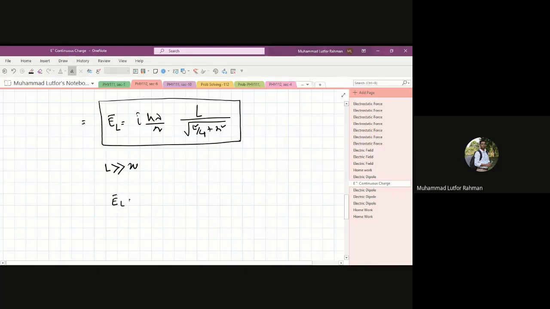I have to modify this equation. I will write k lambda divided by x, and this one, L square by 4, I can factor out from the square root. I'll find 1 plus 4x square by L square, right?